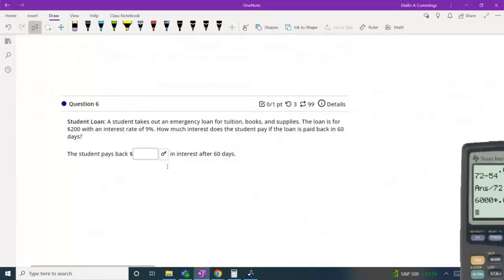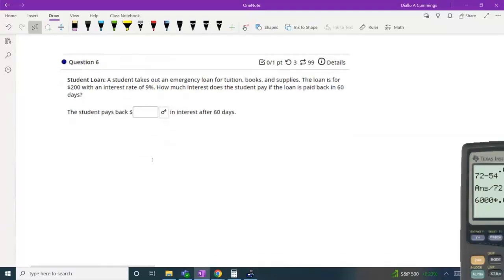So now this question only asks for the interest that the student is going to pay back. It doesn't ask for the total amount that he pays back. So keep in mind what the questions are asking. So we're going to find the interest amount.